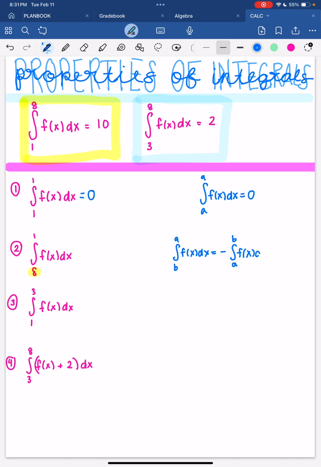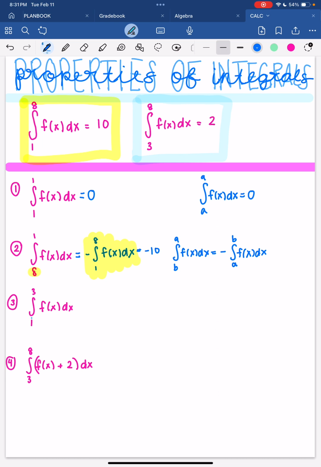And if you don't believe me, there's plenty of examples you can look up and practice on your calculator. So if I want the integral from 8 to 1, but I know the integral from 1 to 8, you can just negate it and switch it. Then you know that this area, that I'm highlighting in yellow, is going to be equal to negative 10.